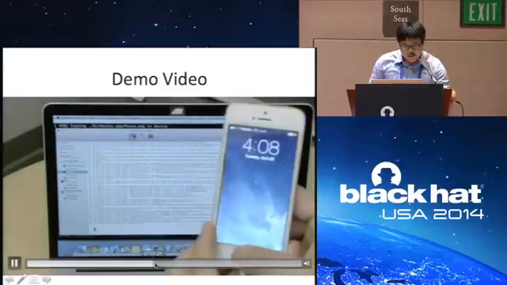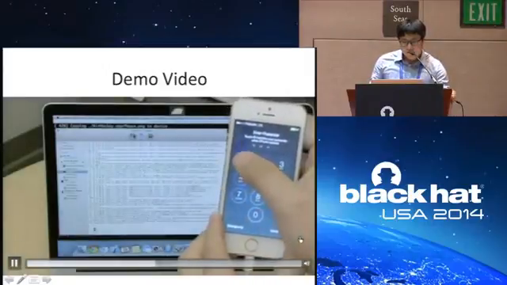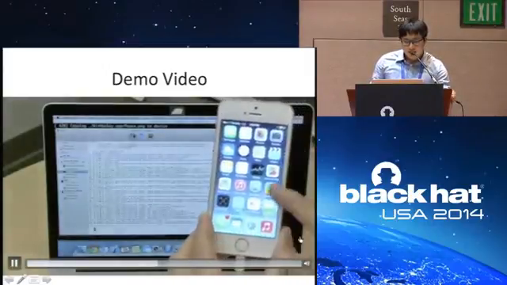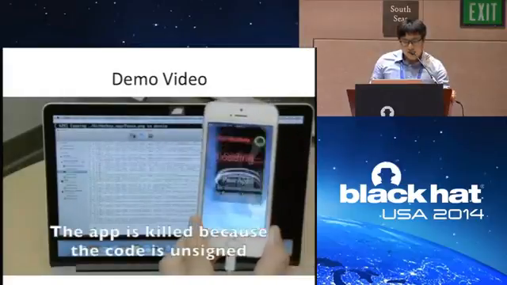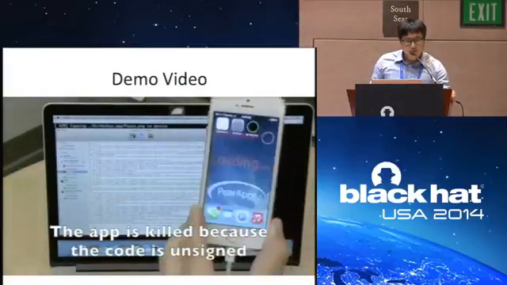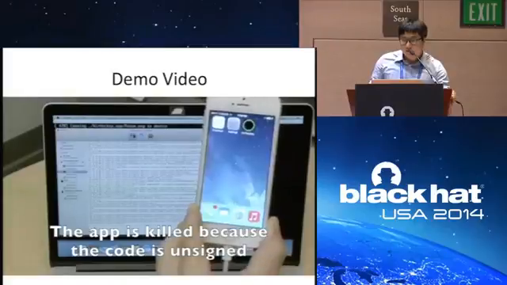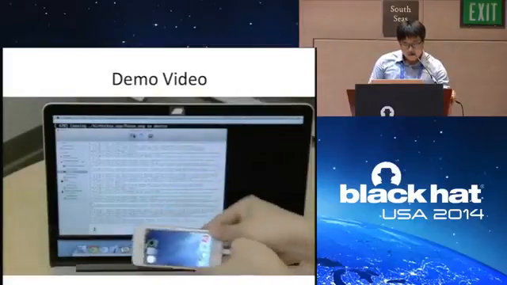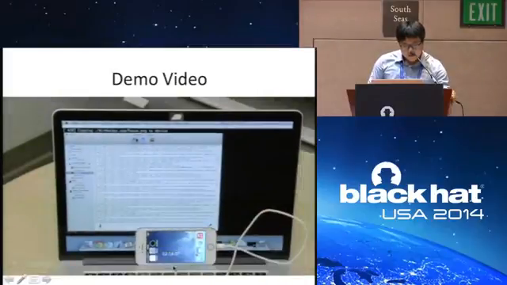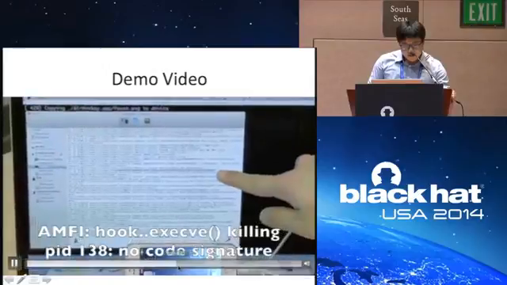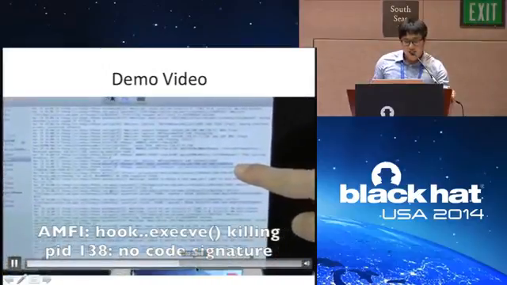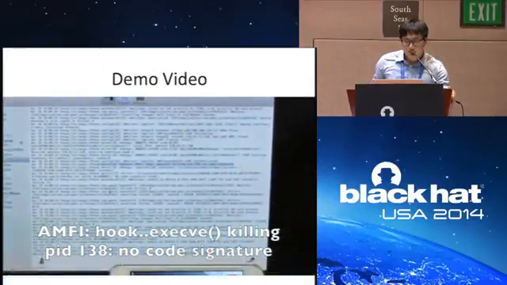After the reboot, we unlock the device and re-execute the Air Hockey app, but it fails to execute because it has no signature. In the log message, we can see that execve has failed because there's no code signature at all.